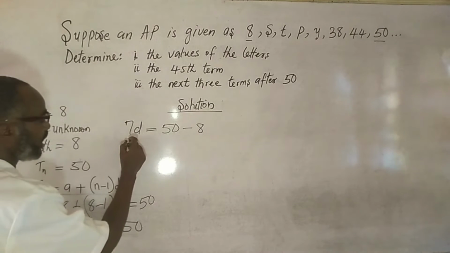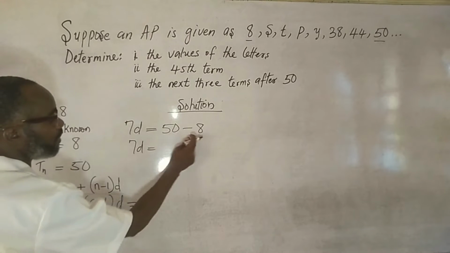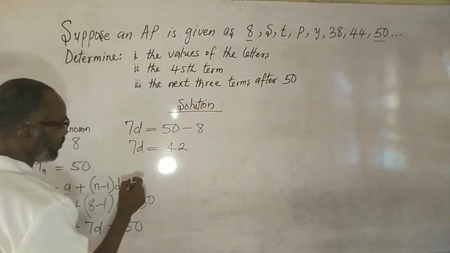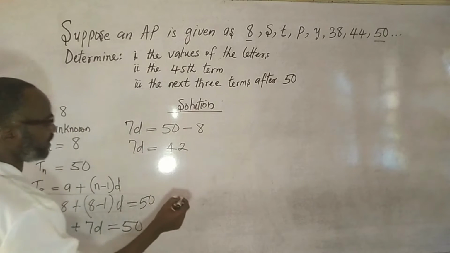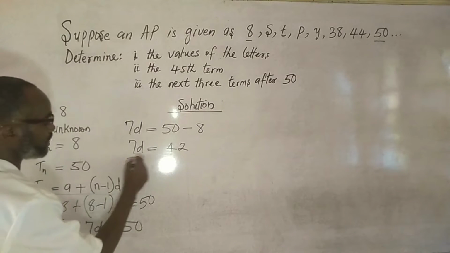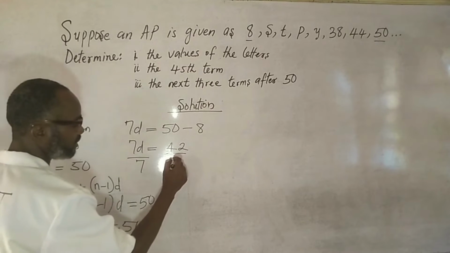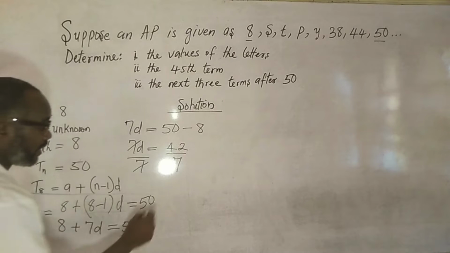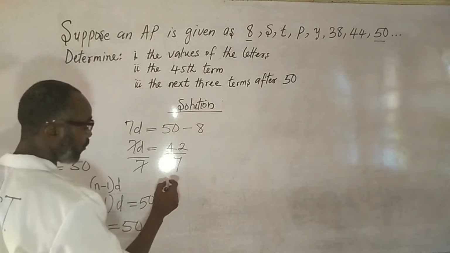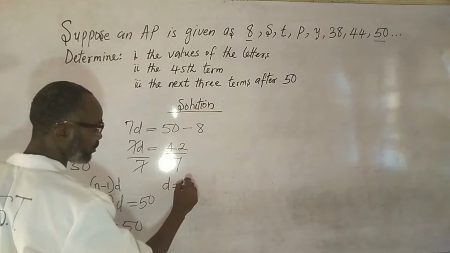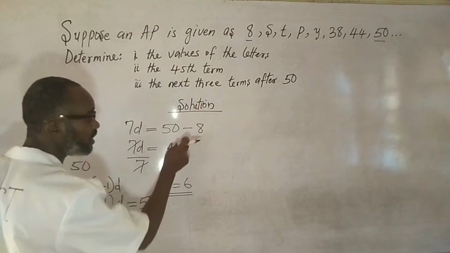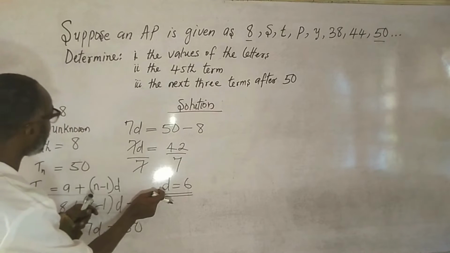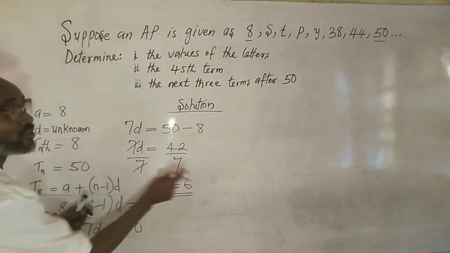And then we now have 7D equals 50 minus 8, which is going to give us 42. If we divide both sides by 7, this will take care of this. Then 42 divided by 7, it means that our D is equal to 6. Because 7 divided into 42, each will get 6. So the common difference in this case is equal to 6.